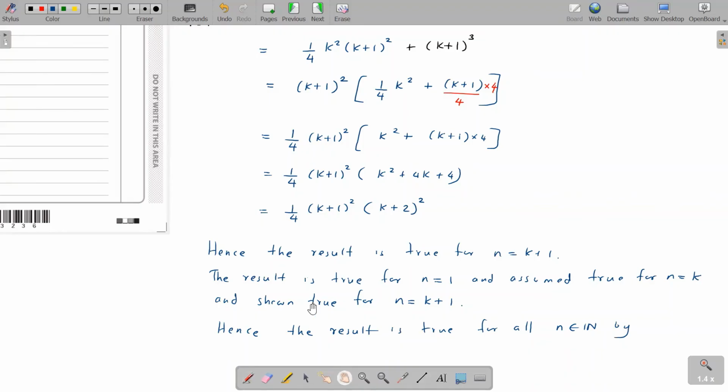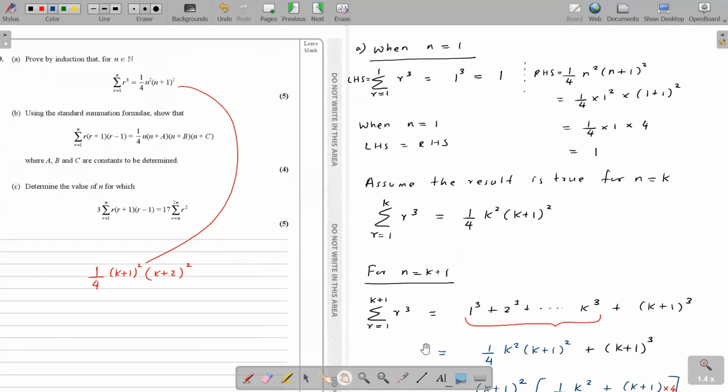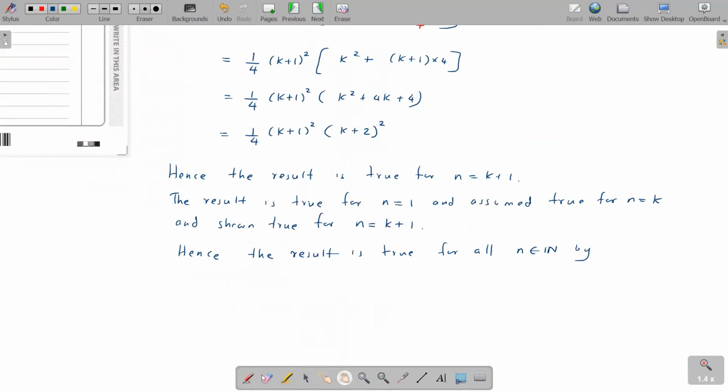Yeah, they have told us n is an element of natural numbers here, right? By mathematical induction. Okay, are you okay with this conclusion? Make sure you give the conclusion. Okay, is this clear?